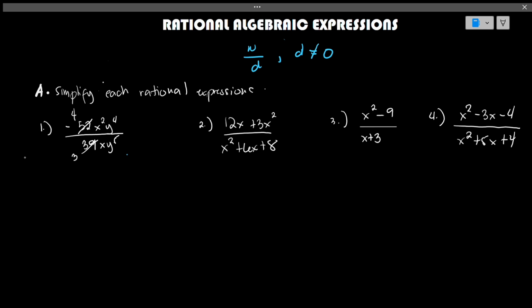Followed by, we have x squared divided by x. So x squared divided by x, in the quotient rule, if we have the same base, we just need to subtract the exponent. If we subtract the exponent, so x to the 2 minus 1, this will become x, and this will become 1.